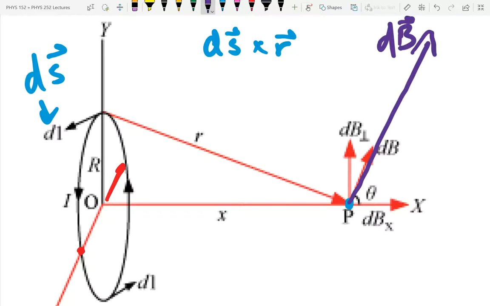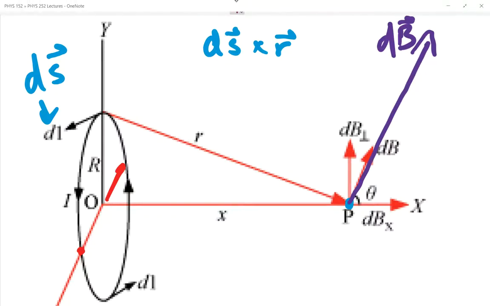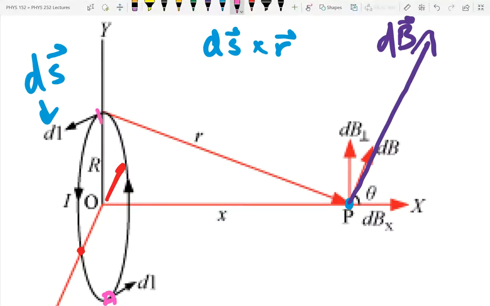That wire is going in a circle, and this is along the line coming out of the center of the circle normal to the surface. That gives us the symmetry axis. We know that the amount that I have up in this picture is going to be exactly countered by the amount that I will have down if I choose this for my DL instead of this for my DL.